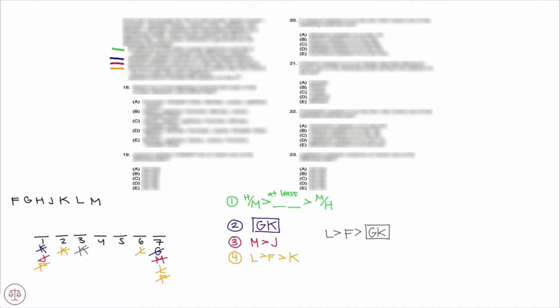Likewise, it shows us that L has 1, 2, 3 nurses to the right of her, so that means that L can't be 5th. And this also tells us that F has 1, 2 nurses to the right of her, so F also can't be 6th. Likewise, since G has 2 nurses to the left of her, that means that G can't be first and G can't be second.